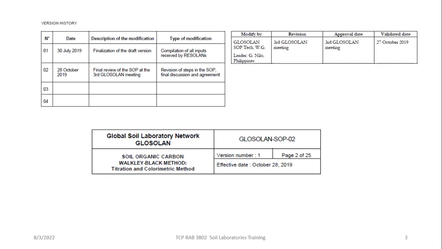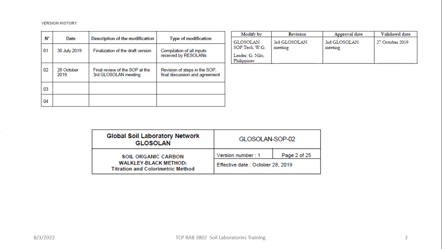It shows a description of the modification: finalization of the draft version, type of modification, compilation of all inputs received by the regional soil laboratory network.